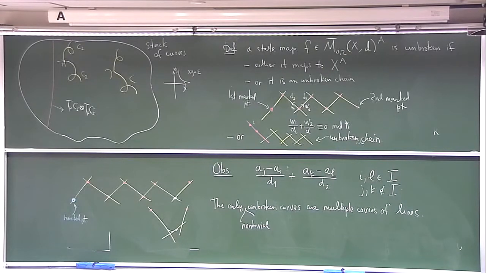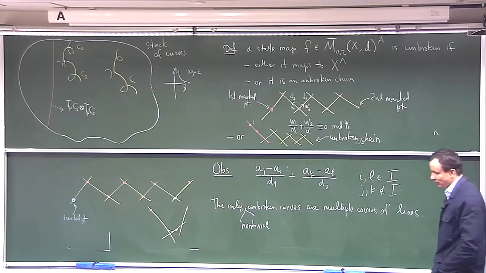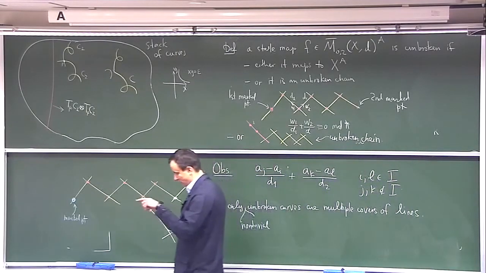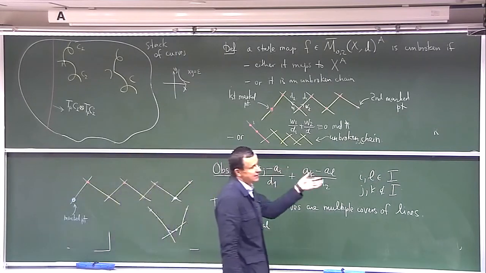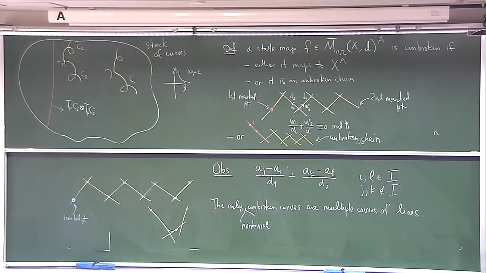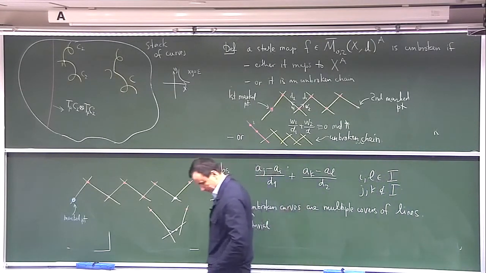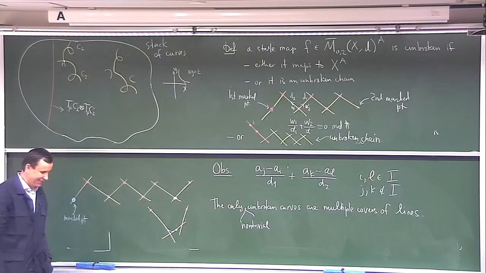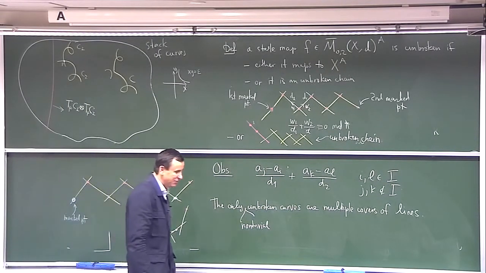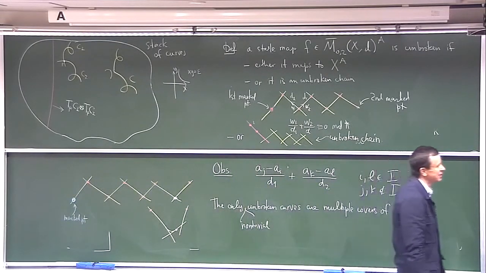So what does this mean? It means that if you want to compute the cycle S_D in any degree D, this is really just a computation for lines with a little bit of extra. So what does it mean to compute multiple covers?